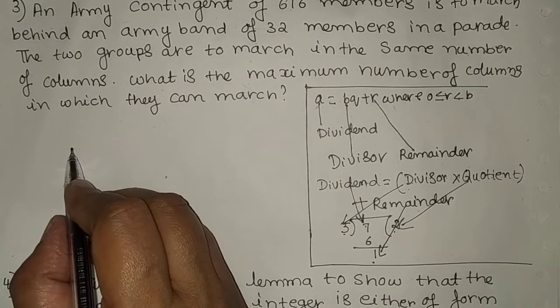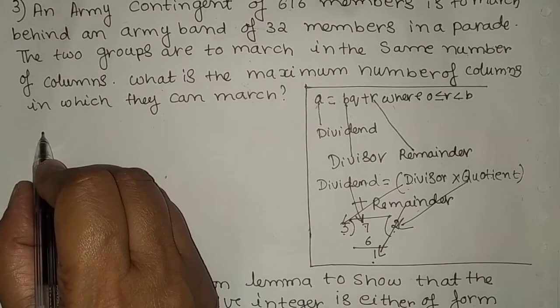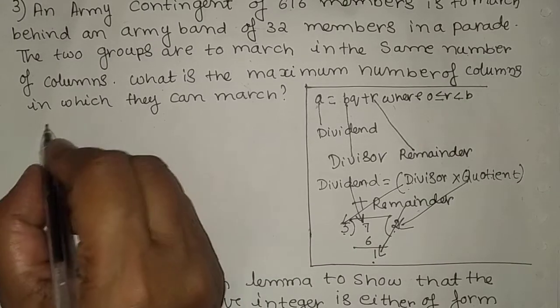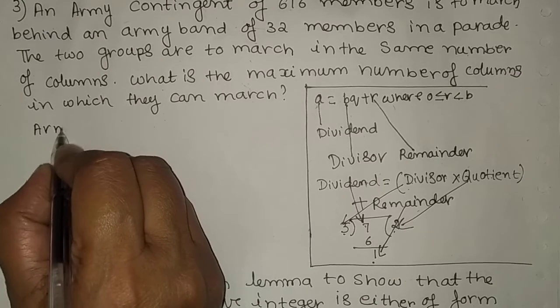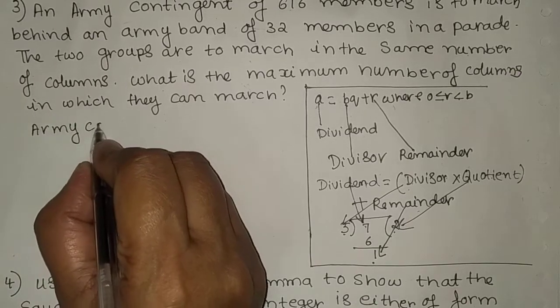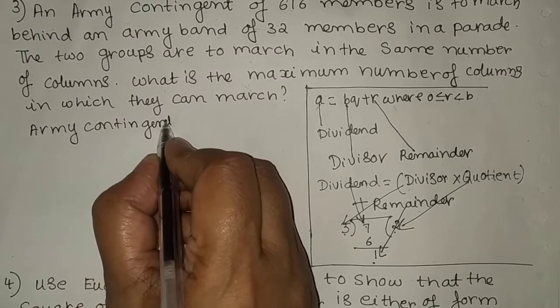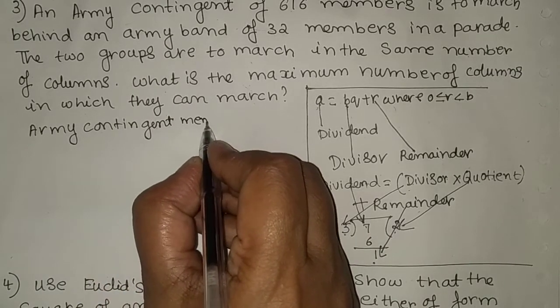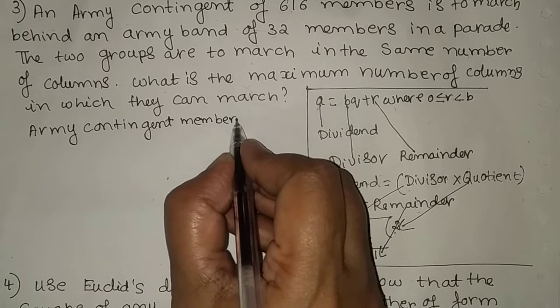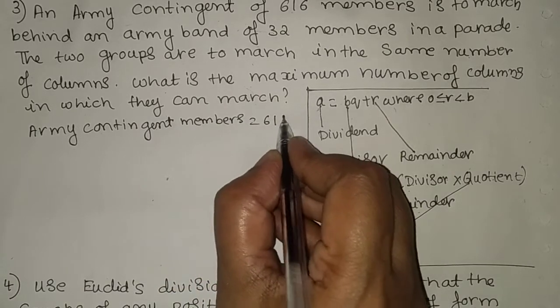So we'll find out. Here we'll see what data is given. First we write the army contingent members, that is the first group, which is equal to 616.